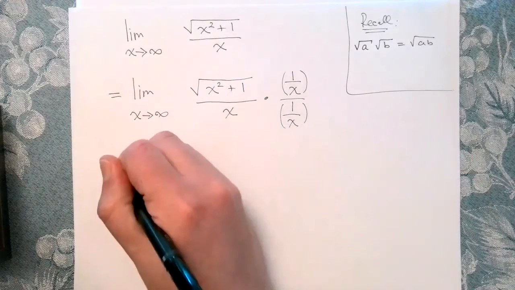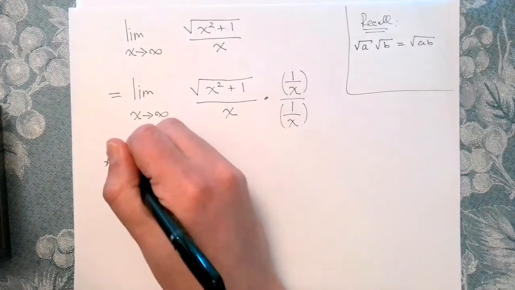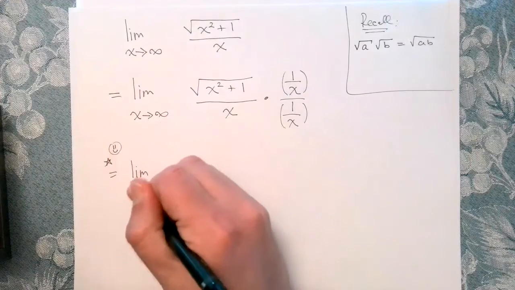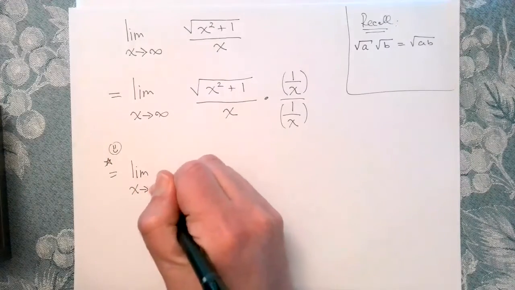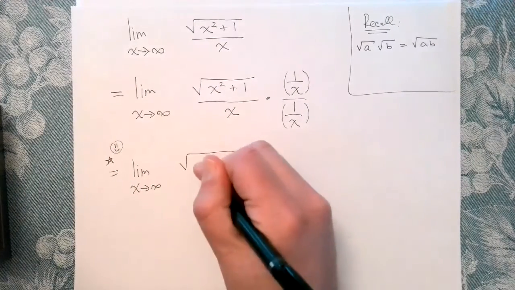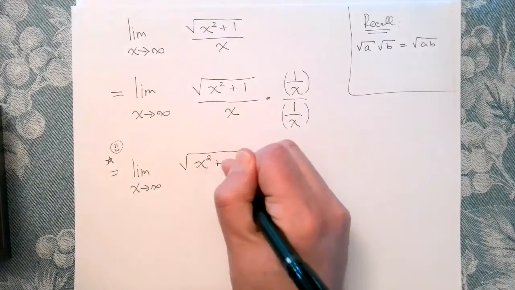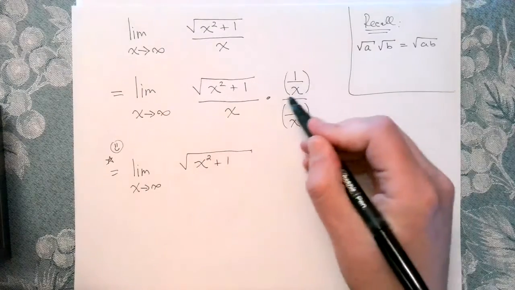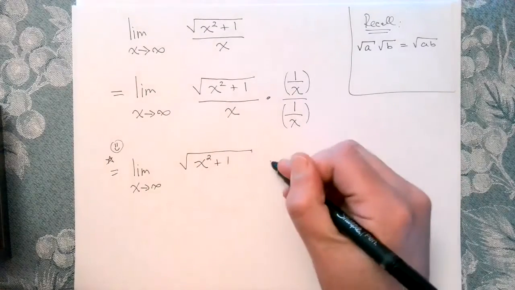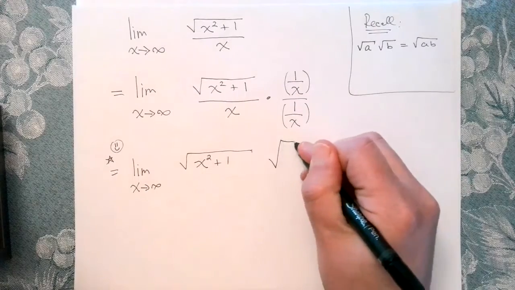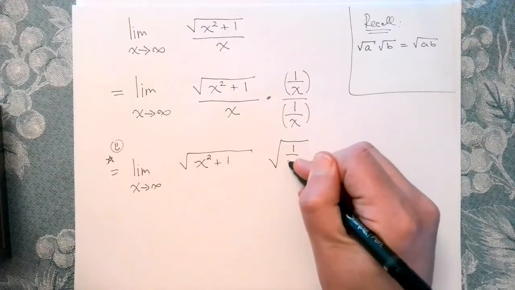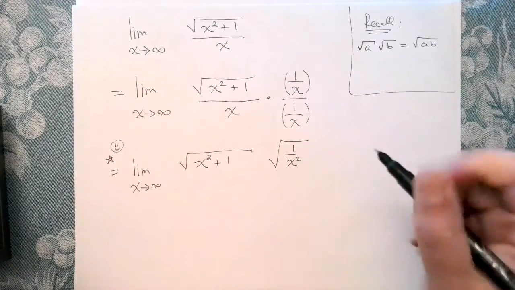Well, here's where we're going to be just a little clever. We're going to write this right here as the square root of 1 over x squared.